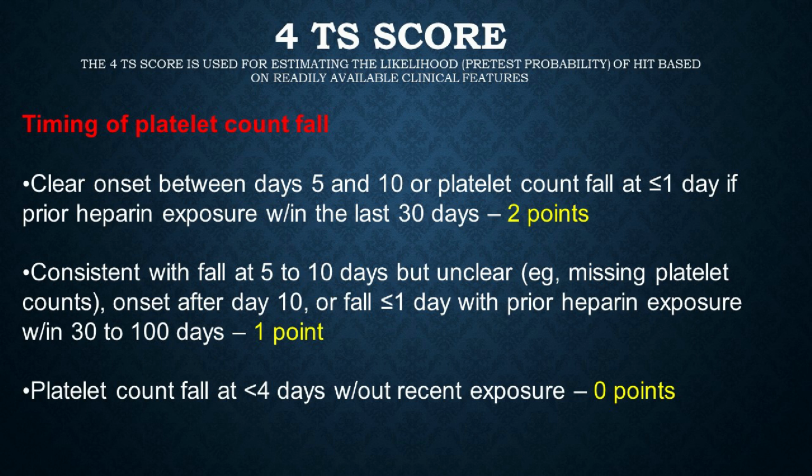So if it is actually between 5 to 10 days, then this patient is going to get 2 points. Whereas if your platelet count decrement occurs below 4 days or below 5 days, at this point it is less likely to actually be heparin-induced thrombocytopenia. All right, so this is the timing of platelet count. It has to be between the 5th to 10th day. So the bottom line, if I had to recap these 2 points, you want a decrement to drop more than 50%, and it needs to happen from the 5th to the 10th day.